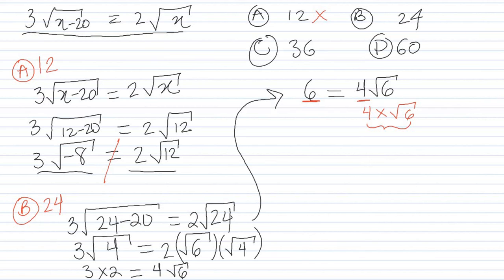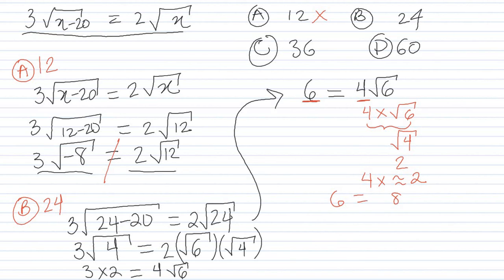So we have to think of the closest square root to 6. For example, we have the square root of 4. For sure, it's going to be less than the square root of 6, because 6 is a greater number than 4. The square root of 4 is basically 2. So this is going to be 4 times approximately 2, which is 8.